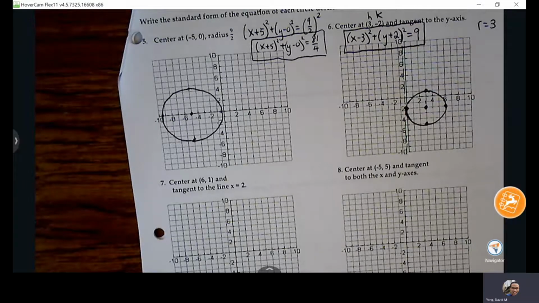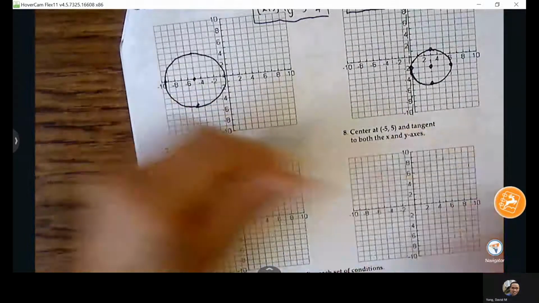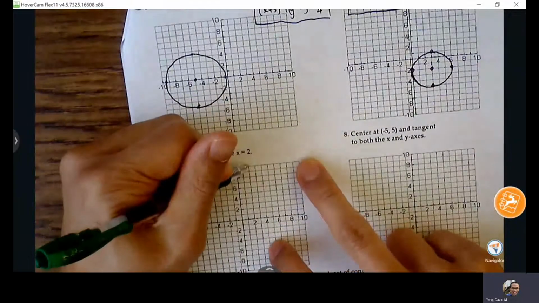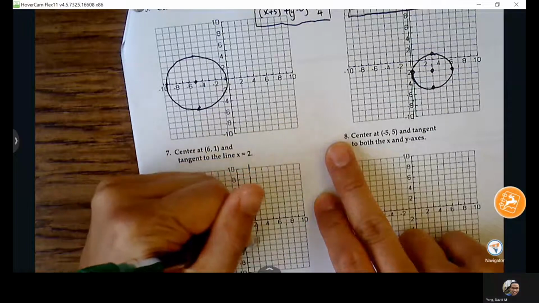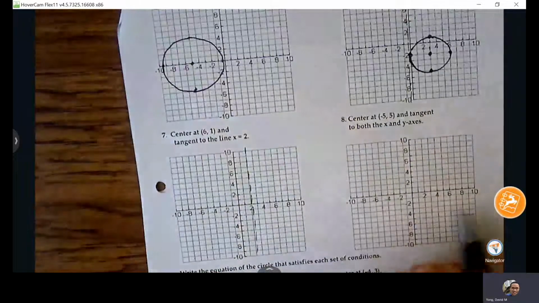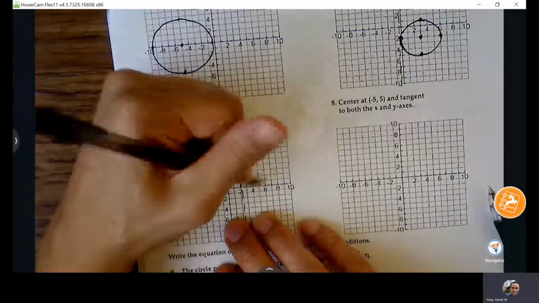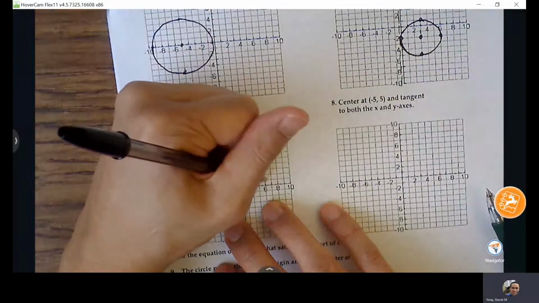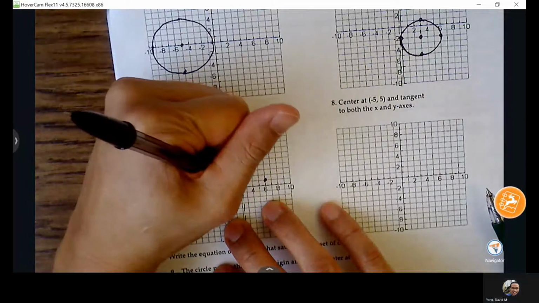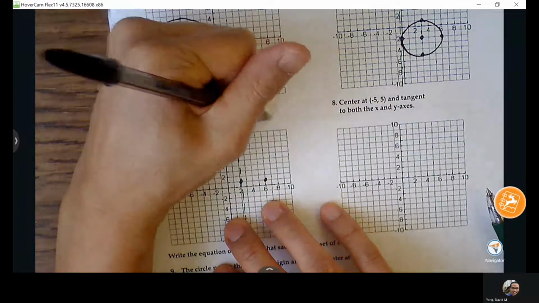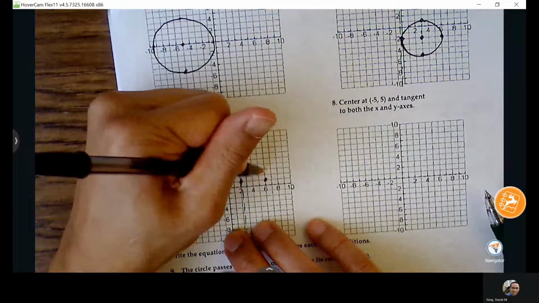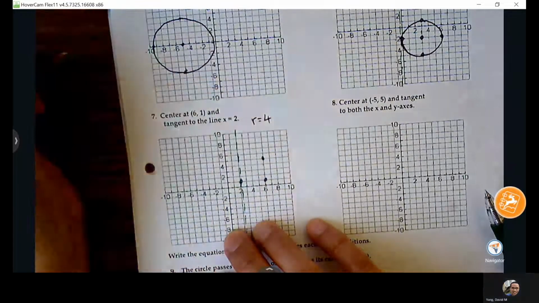If it's x equals 3, x equals 5, those are vertical lines. And let you get R.